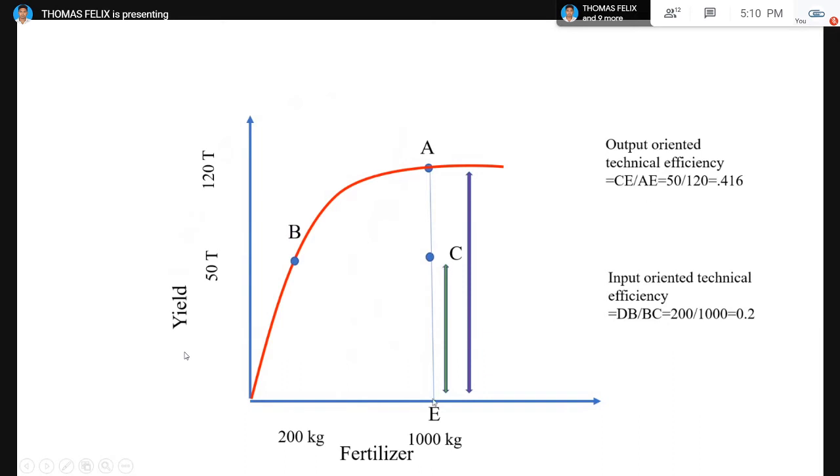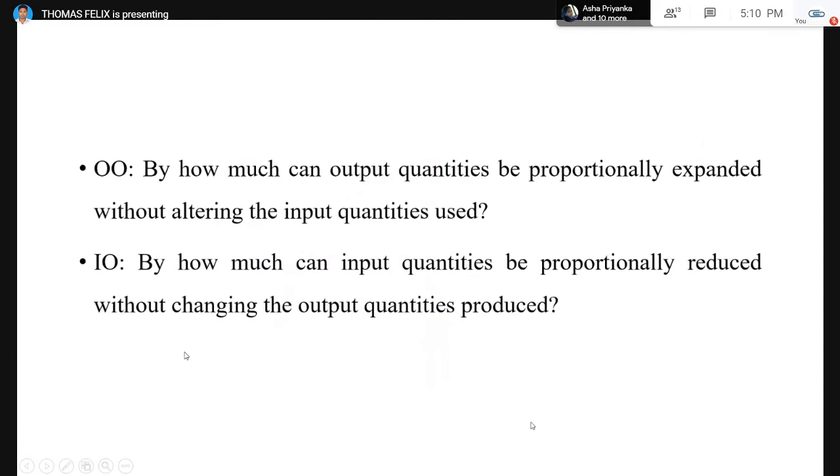CE is nothing but the actual output of Chinnasamy and AE is nothing but the maximum yield attained by Annamalai, in that area itself. Out of the total survey, the maximum yield attained by this person. So by CE divided by AE, I can get the technical efficiency. This is what I have mentioned in the equation.